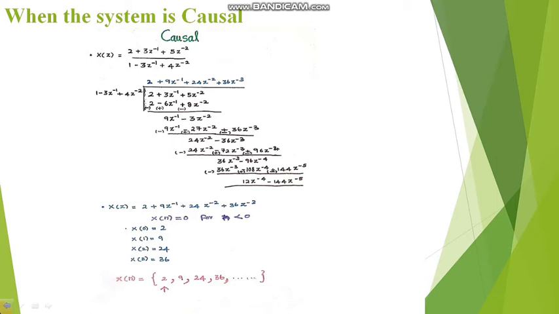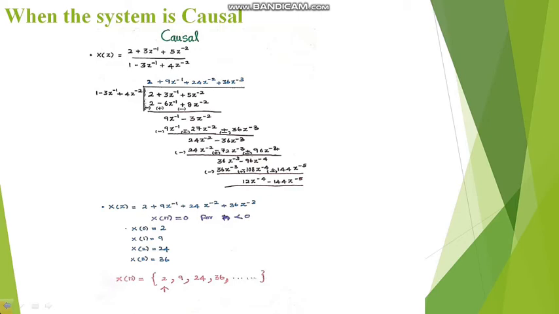First, multiplying the 2 with the denominator, we get 2 minus 6z inverse plus 8z power minus 2. Subtracting this from the numerator, we get 9z inverse minus 3z power minus 2. Again multiplying the denominator with 9z inverse, we get 9z inverse minus 27z power minus 2 plus 36z power minus 3.